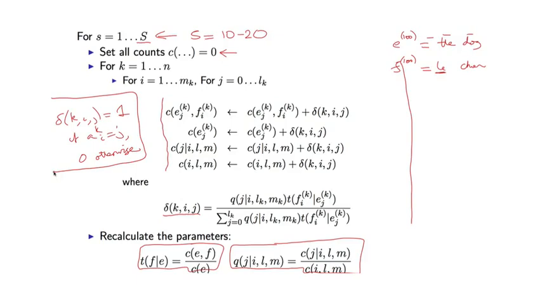Of course, in the EM algorithm, we're not going to assume we have alignments, and so instead we calculate these delta values based on our current parameters. So I have an expression here based on the Q's and T's from our previous iteration. The Q's and T's are our current parameter values. We're going to be able to calculate these deltas using this expression, which I'll describe on the next slide, and we can use these deltas to increment these counts.